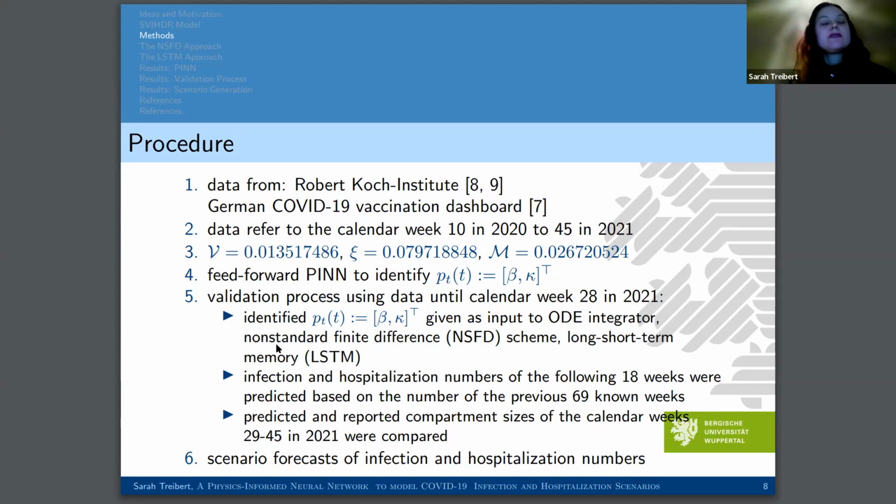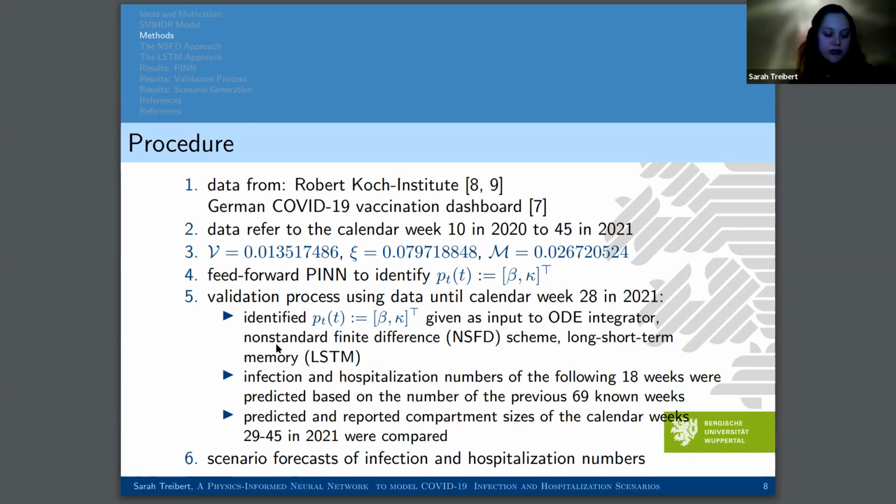And then we used a feed-forward PINN to identify beta and kappa. We decided for those 2 parameters to be the most important ones to be estimated or identified, because they were the ones that could not be found in any literature for sure. So these were our trainable parameters.